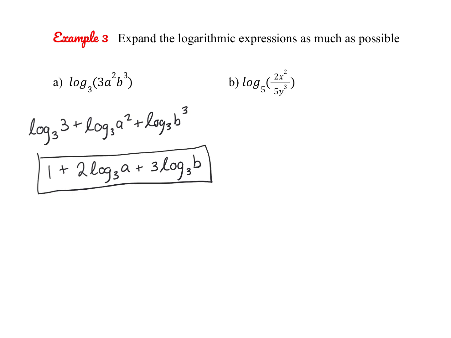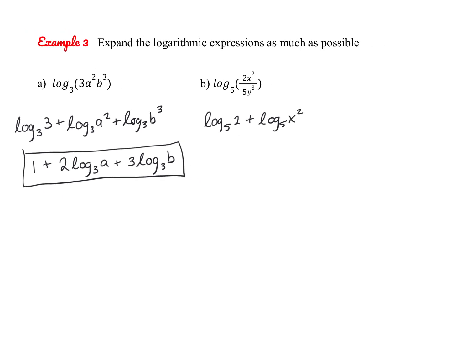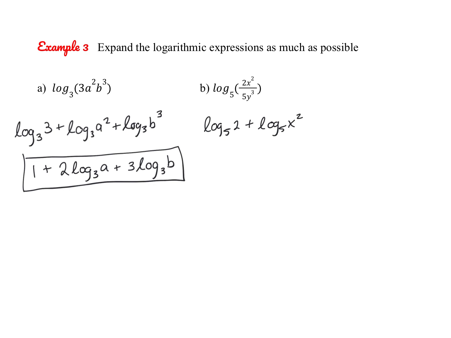Okay, for the next one here, I'm going to be using a combination of the product and the quotient. So remember, any term that is in the numerator will give you a positive logarithm. So we'll have log base 5 of 2 plus log base 5 of x squared. And anything that is in the denominator will give you a negative logarithm. So minus log base 5 of 5 minus log base 5 of y cubed.